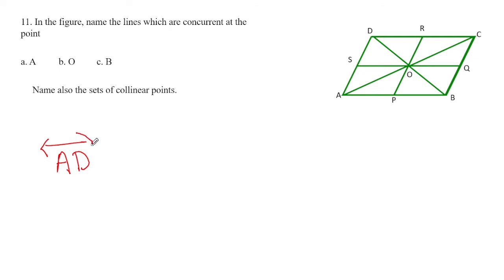Line AB, line AC, then we have line AD. There. That's the answer to this question. Let's move on.